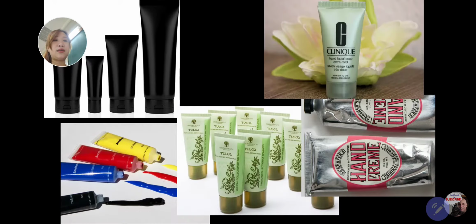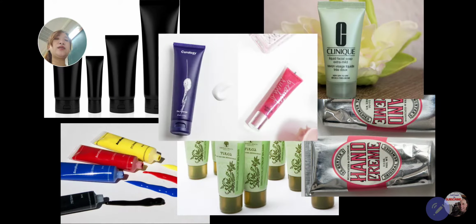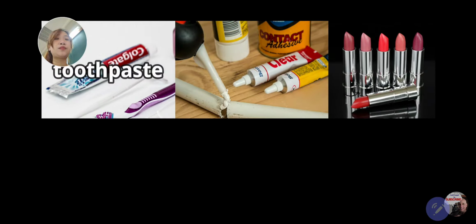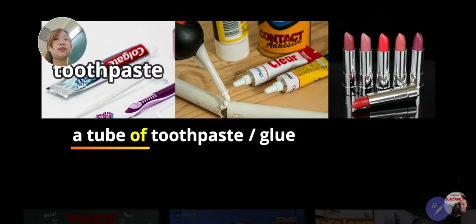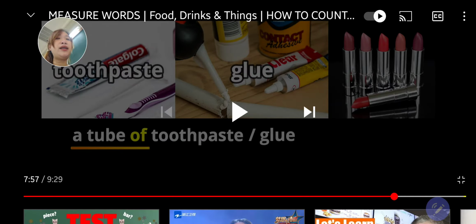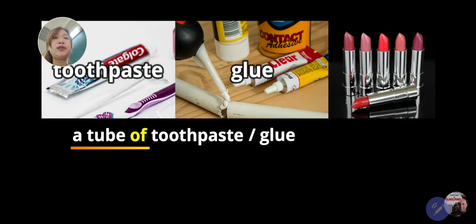Another popular container that we use is a tube. And we use it to count things such as toothpaste, a tube of toothpaste, a tube of glue, or... Okay, a tube is a soft, tubular container.